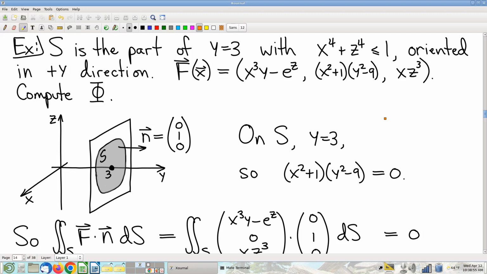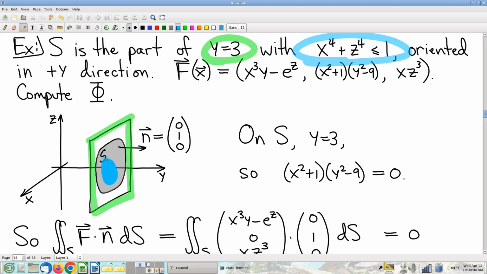We're going to look at a surface that's a part of this plane y equals 3. Specifically, it's the part described by a certain inequality. So there's my actual surface, oriented in the positive y direction. We'll come back to that in a second. And I've got a vector field given, and I want to compute the flux. So how am I going to proceed here? Well, let's start by thinking about the normal vector in question. Here's my surface.